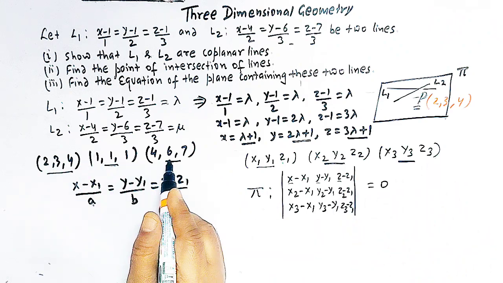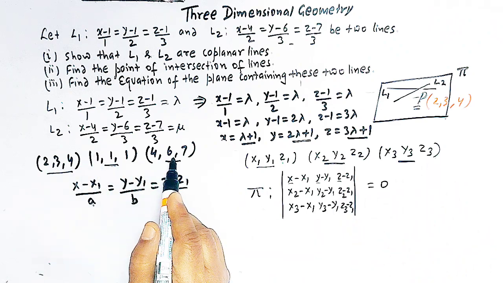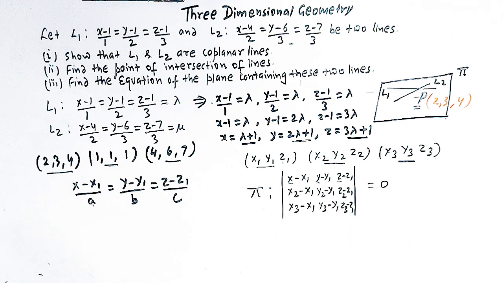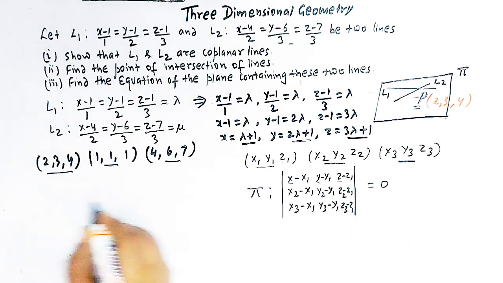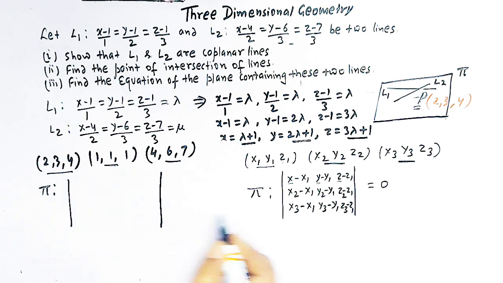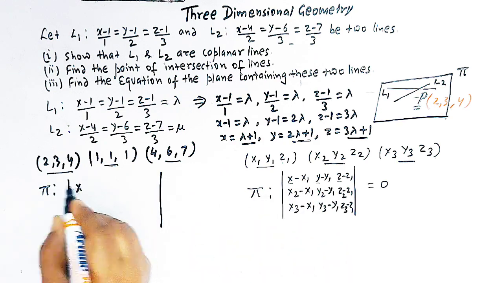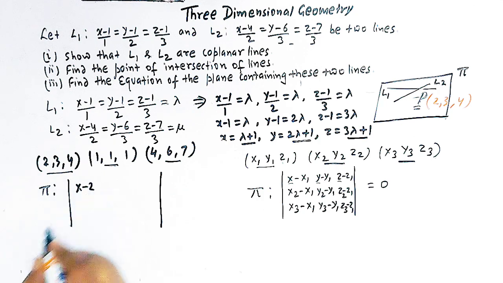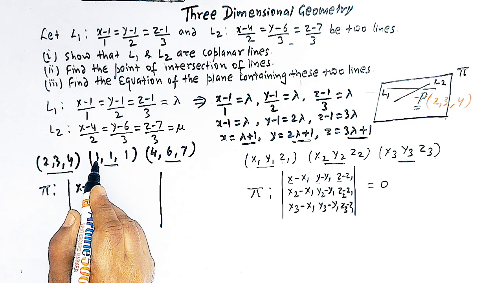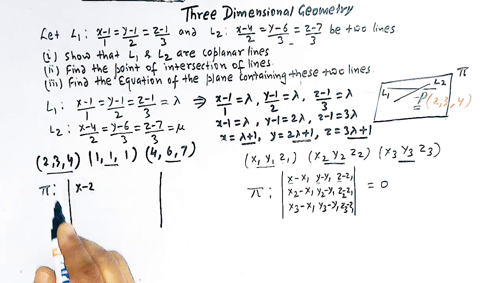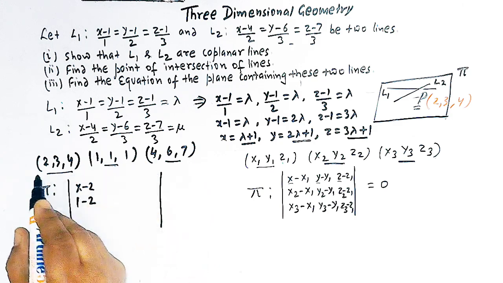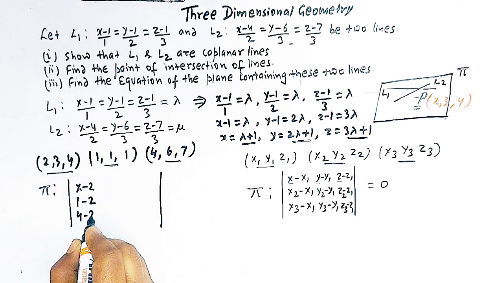So let us substitute the values of these coordinates in this determinant. Now we have the equation of the plane as x minus x1. x1 is 2, so we have x minus 2, then x2 minus x1, so we have 1 minus 2, then x3 minus x1, that is 4 minus 2, right?